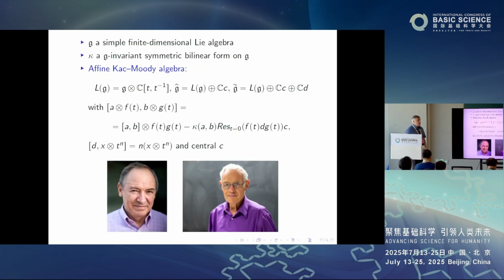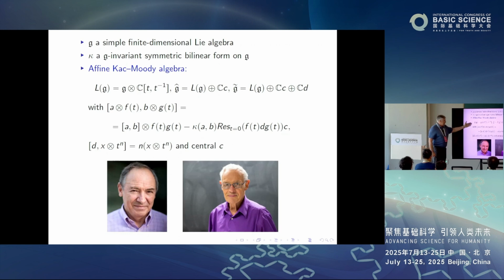Now I go to affine vertex algebras. For the affine Kac-Moody algebra, here are the two giants on whose shoulders we stand, the fathers of the theory, Victor Kac and Bob Moody. Bob Moody once told me that he never expected that the theory would kick off and become as significant as it is now.